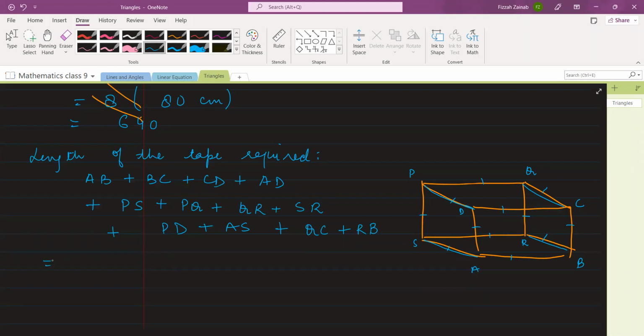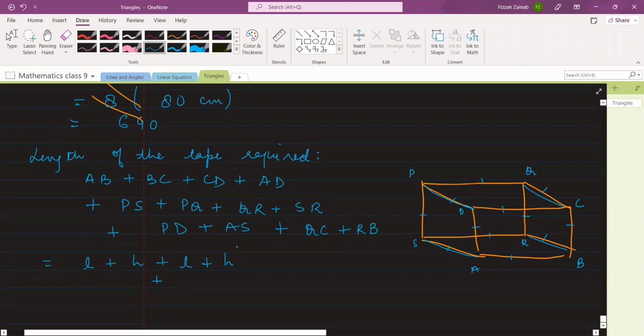Yes, ma'am. Okay. So instead of putting direct values, you can write it in terms of LBH. It will look a bit simpler, right? Now AB is L plus BC. BC is height, plus CD is again L and plus AD is again height.